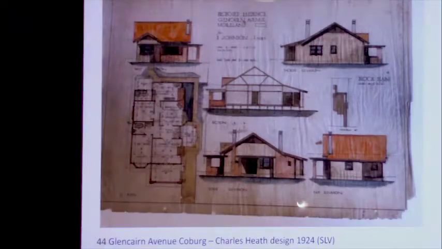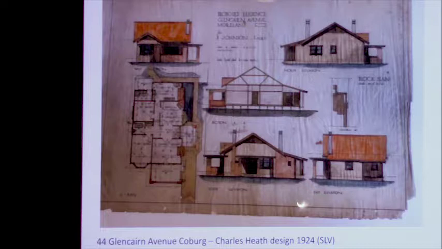44 Glencairn Avenue is one of the 3 known extant Heath houses, according to Blythe. So this is 44. The designs of 44 exist, as you can see, and this was a house designed for one of Heath's children, Bessie, and her new husband, Burton Blythe Johnson.